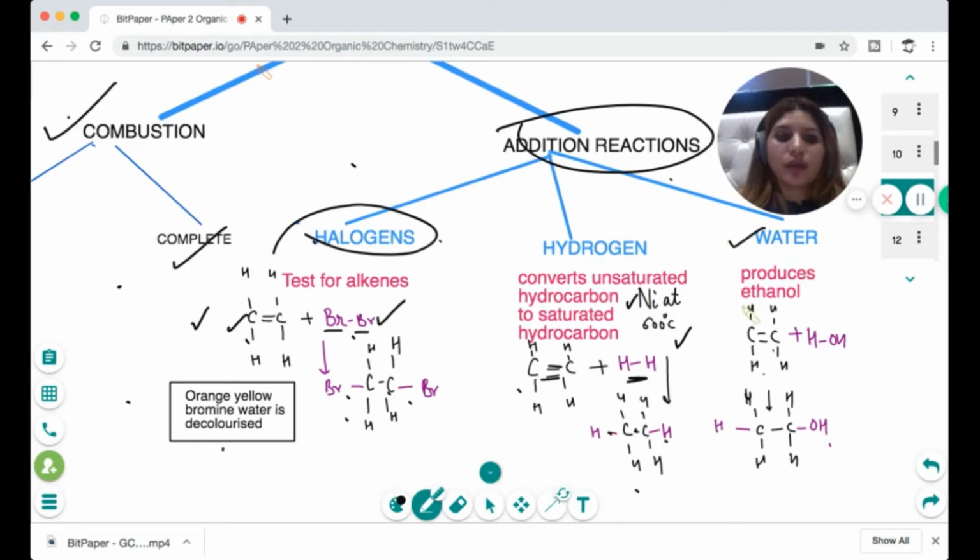When you react it with water, the double bond breaks into a single bond and hydrogen goes on one side, OH goes on the other side. So ethene produces ethanol. So by addition reaction from alkene, you can get haloalkanes, you can get alkanes back, and when you use water, you can get alcohols. These are all the reactions of alkene. Make sure you are able to write these reactions.